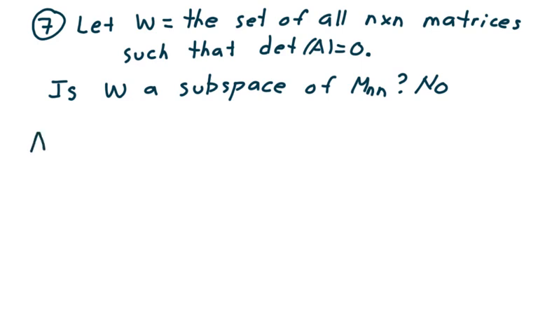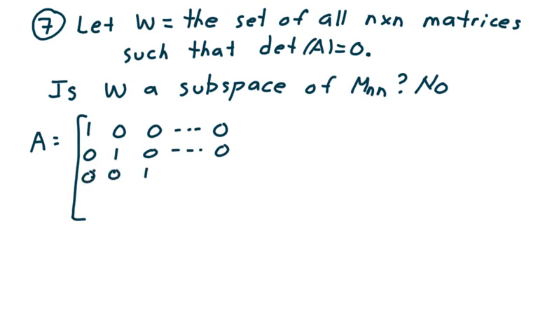Let A equal this given matrix. I'm going to put a 1 in the upper left-hand corner, then 0, 0 all the way down. Then 0, 1, 0, 0, and then 0, 0, 1, 0, and when we get to the bottom, it's 0, 0, 0, 0.